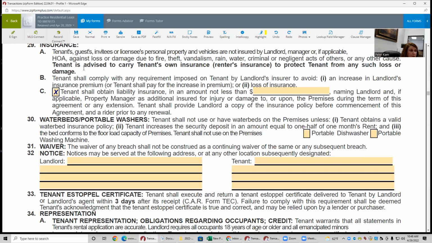So very important on insurance. Things can happen, people can get hurt. It's good if the landlord wants to require a certificate of liability insurance from the tenant. You check this box, ask them an amount not less than what the landlord prefers.